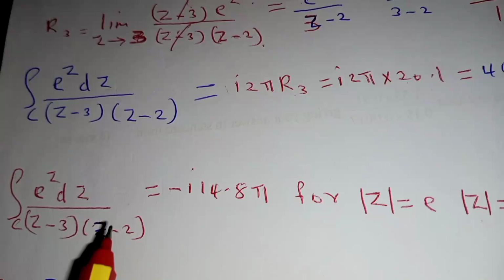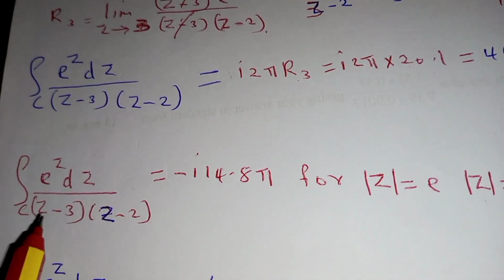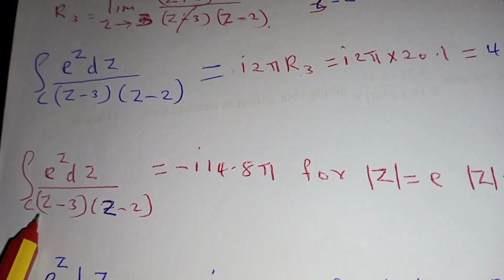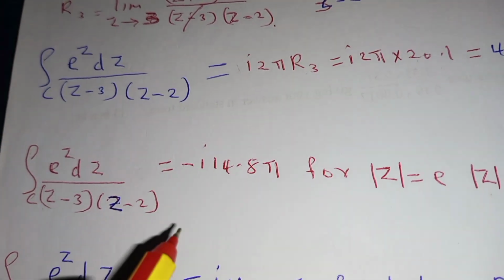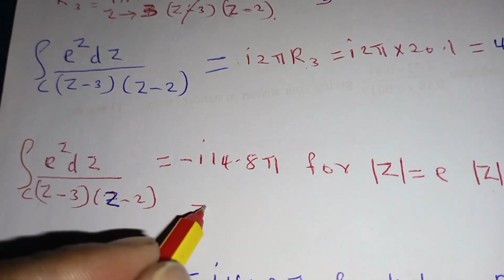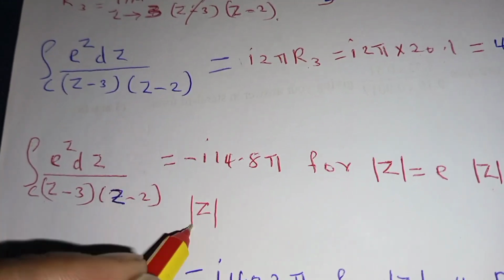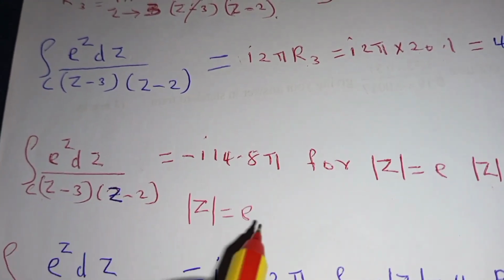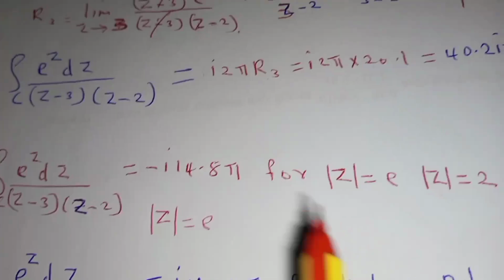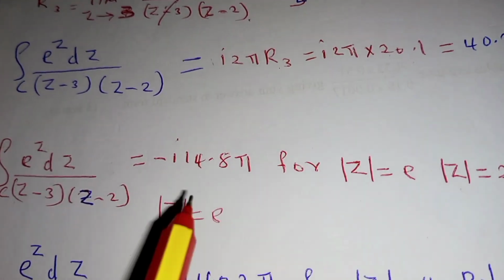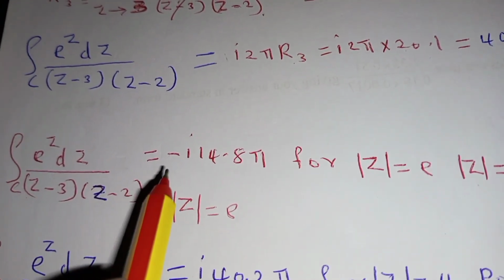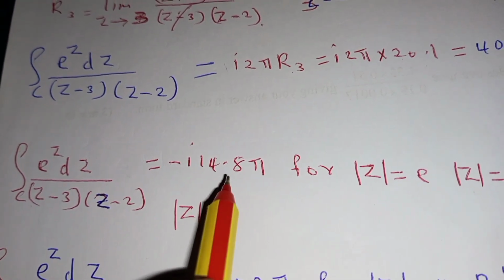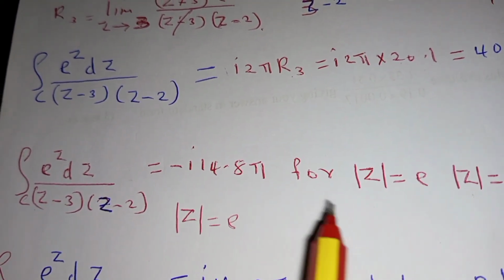So now we have found that the integral along this contour, where our contour is modulus of z equal to exponential, we have found our result to be negative I 14.8 pi.